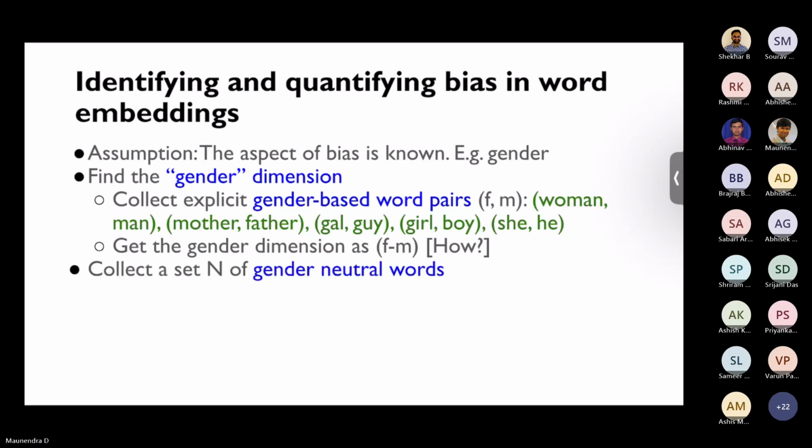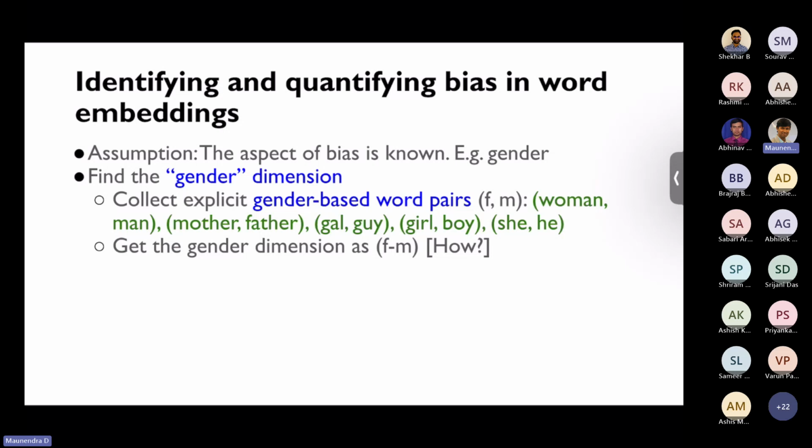For each of these words we can get the vector. We get the vector for woman, we get the vector for man, we take the difference, and we get F minus M for that pair. Then for mother we get the vector, for father we get the vector, and we get F minus M for that pair, and so on.